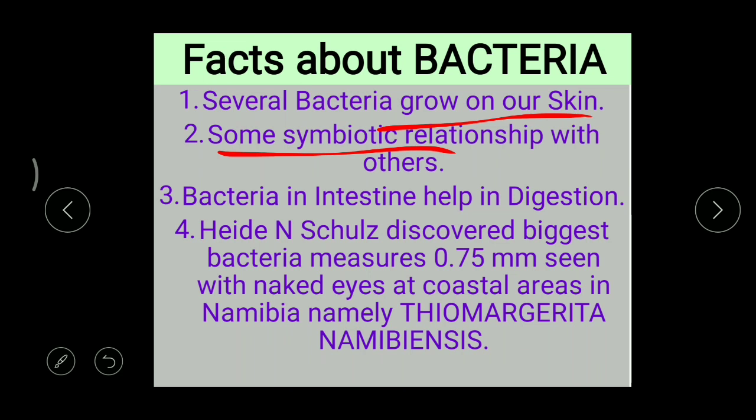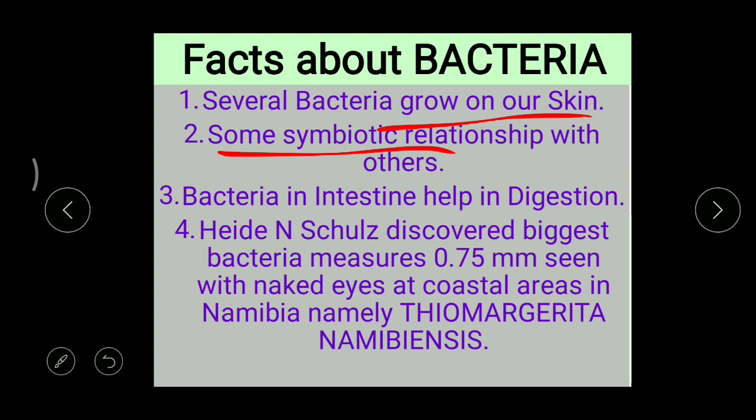So this kind of mutual relationship, or mutual depending on each other, is called symbiosis. It is just like our parents. Our mother depends upon father and father upon mother without any harm, and that relation can be called a symbiotic relationship.